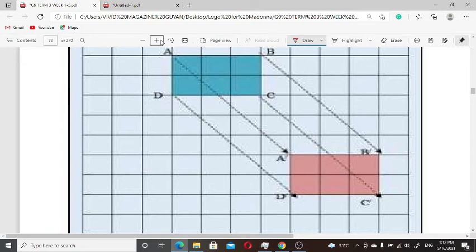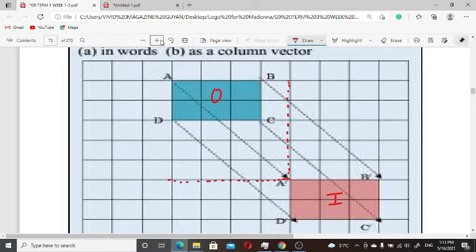This here is my object, and this is my image. What I would normally do is draw some lines going across and going up, based on whatever question you're given. This is important for 2 reasons: you're going to count how many positions you move to understand if it's positive or negative. So direction is also very important.